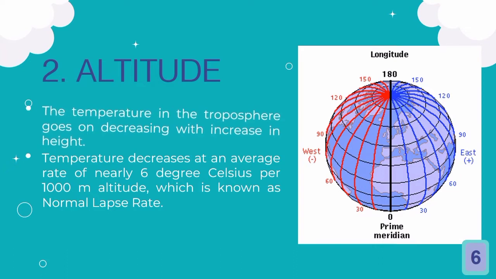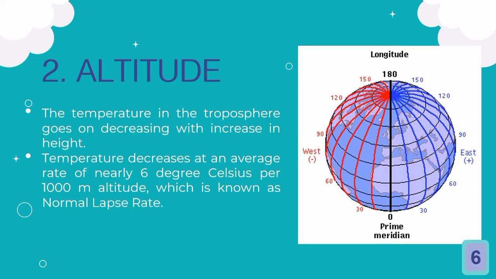The temperature in the troposphere goes on decreasing with increase in height, and the temperature decreases at an average rate of nearly 6 degrees Celsius per 1,000-meter altitude, which is known as normal lapse rate. So, altitude is the vertical lines that you can see on the globe, shown in the picture as the red lines.